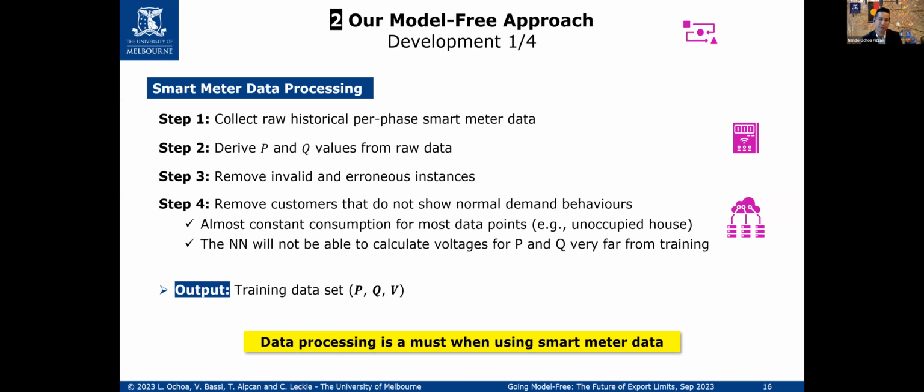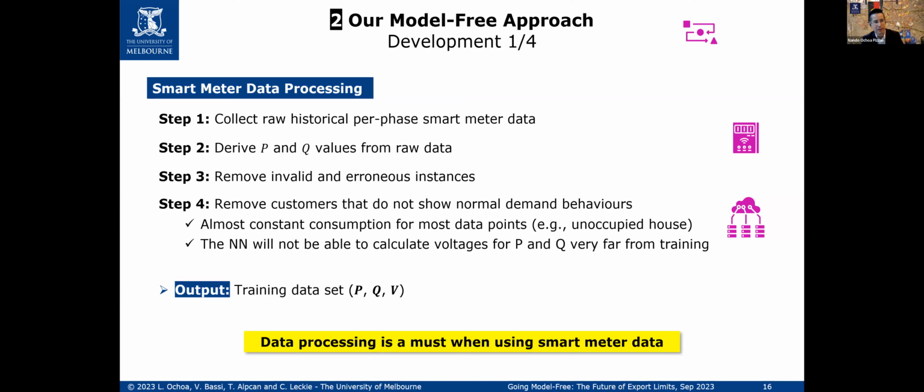And you also need to remove what we call abnormal behaviors. Suppose there's a house that is not occupied, because sometimes it's construction time, and the smart meter might record 0 or very tiny values. But then suddenly you want to do a flexible export limit for this customer, for whom you haven't seen anything really normal, then of course the neural network will not work properly.